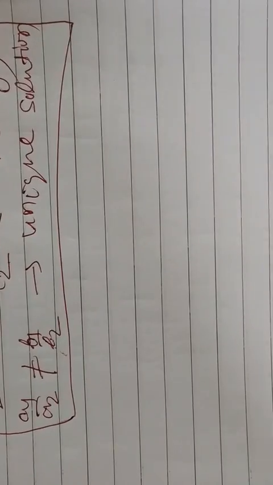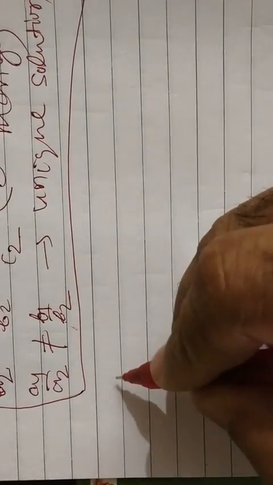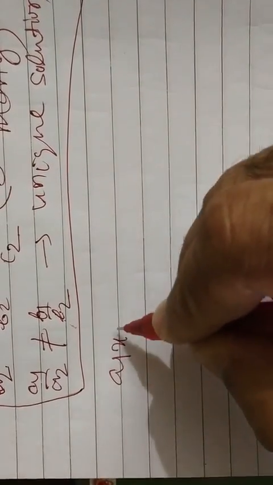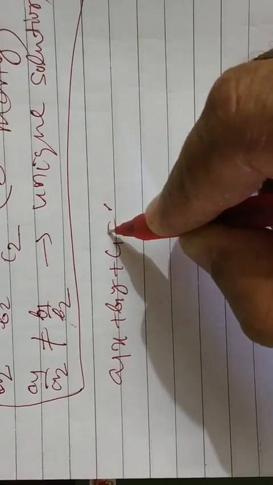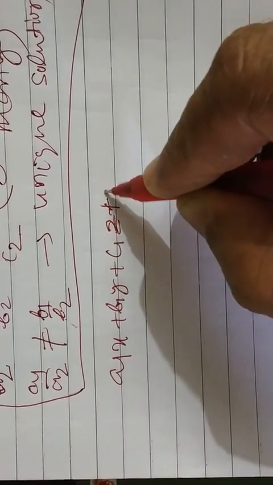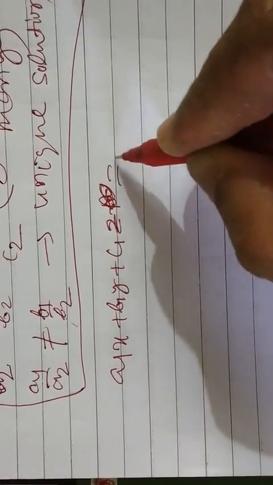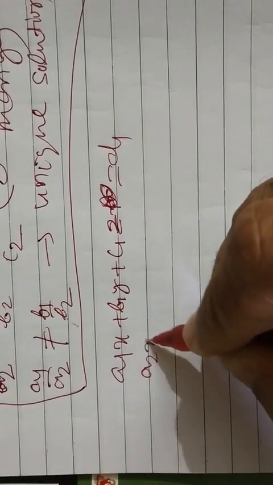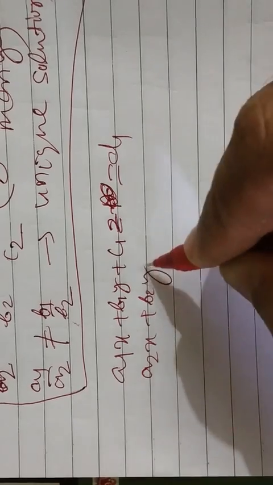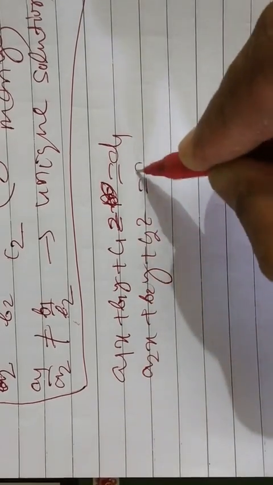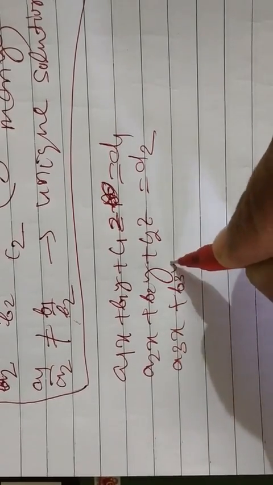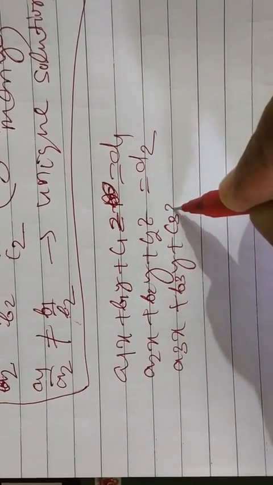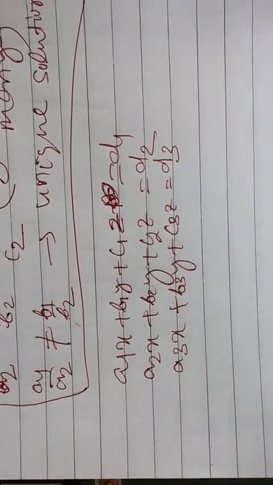Let us consider the system of linear equations in three variables, that is a1x plus b1y plus c1z equal to d1, a2x plus b2y plus c2z equal to d2, a3x plus b3y plus c3z equal to d3.